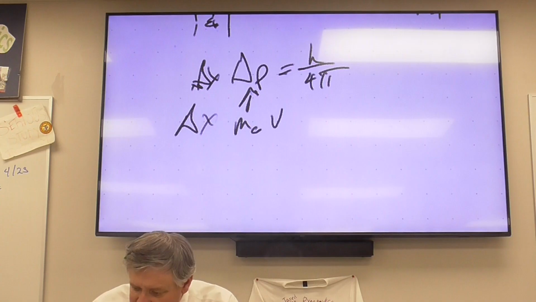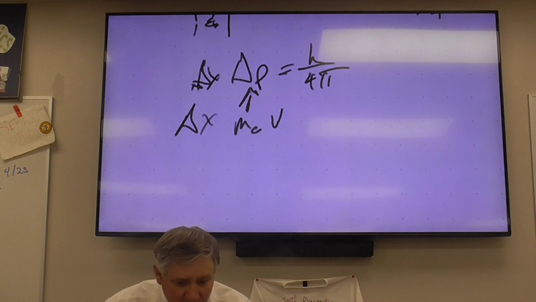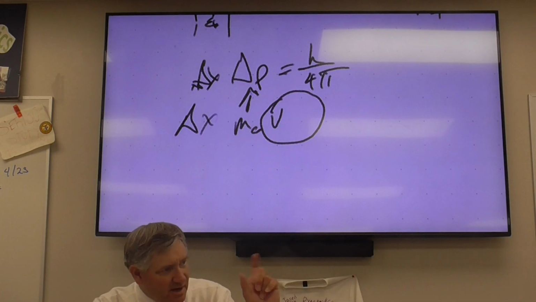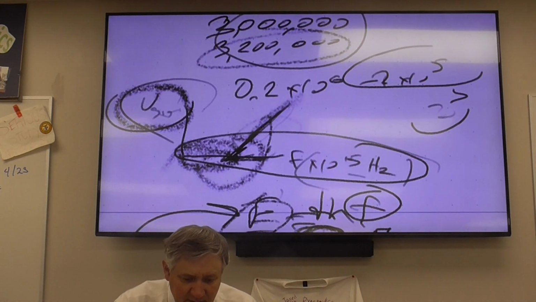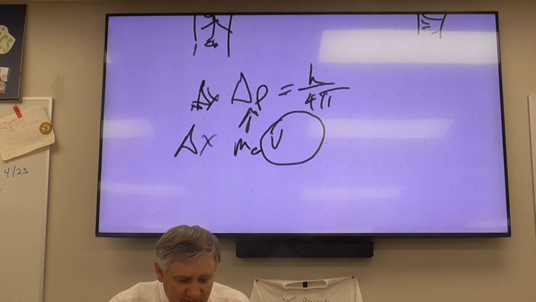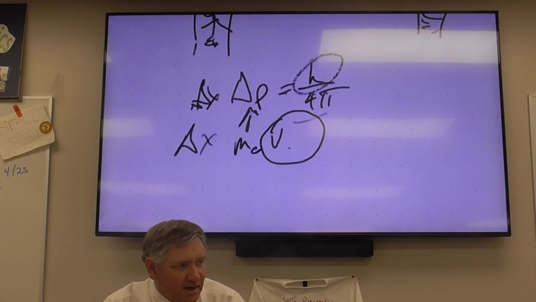That is 9.11 times 10 to the negative 31st. Your uncertainty becomes that unknown on the velocity, and that's that 0.2 times 10 to the 6th or whatever you want to use. So there's that value. You know what h is, and you know 4 pi, just solve for x.